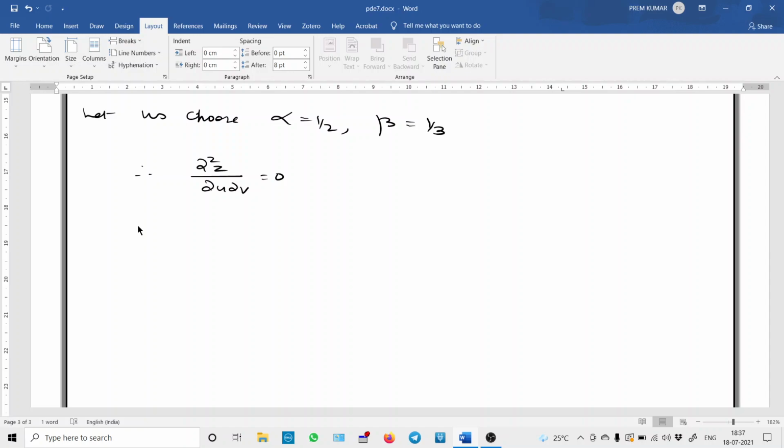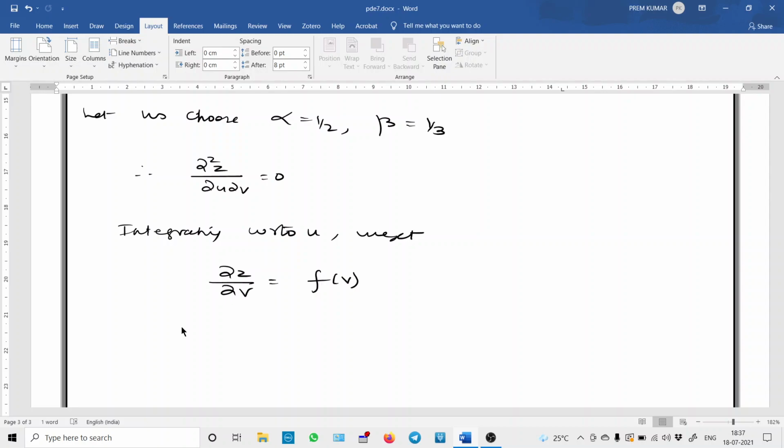Now, integrating partially with respect to u, we get dou z by dou v equals a function of v, because we are differentiating partially with respect to u.